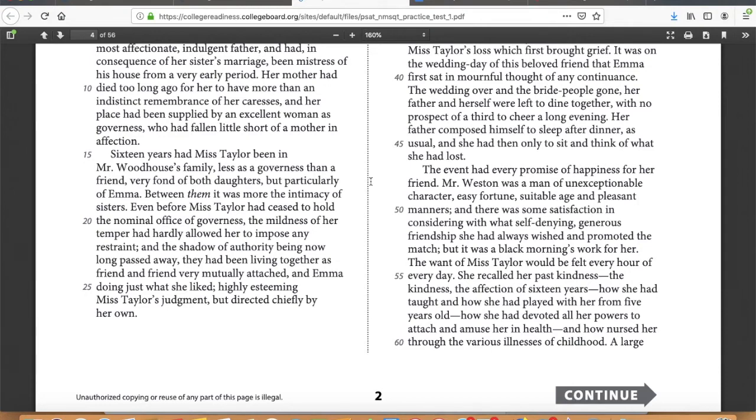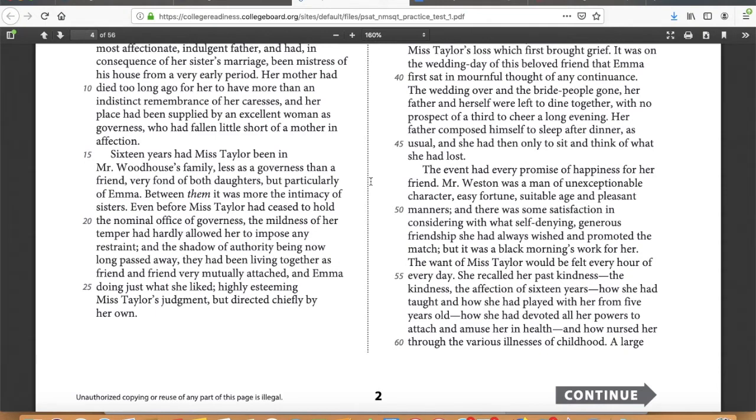Closely acquainted, familiar, close. Yeah, a close relationship. That's it. If you're intimate with someone, you're close with someone. So between Emma and Miss Taylor, it's like the intimacy of sisters. They're very close. Keep reading from line 19.